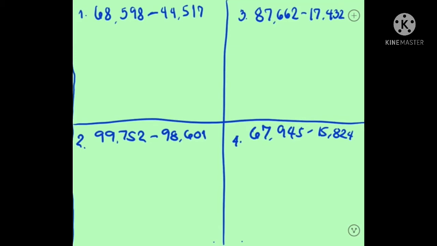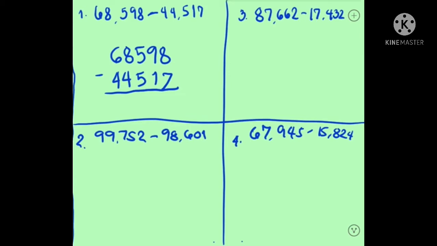So I will first line up the numbers. I will put here 6, 8, 5, 9, 8. And then the second number, which is what we call the subtrahend. So we have 44,517. Okay? And of course, do not forget our two symbols.